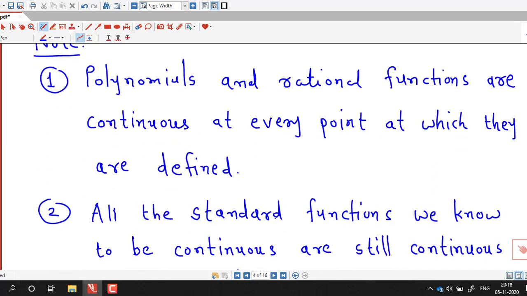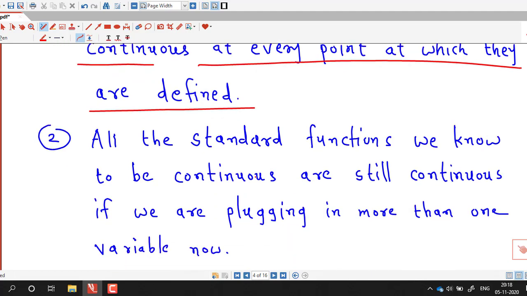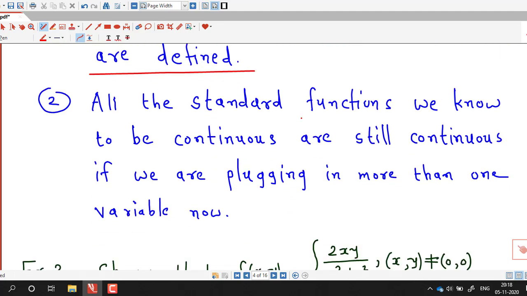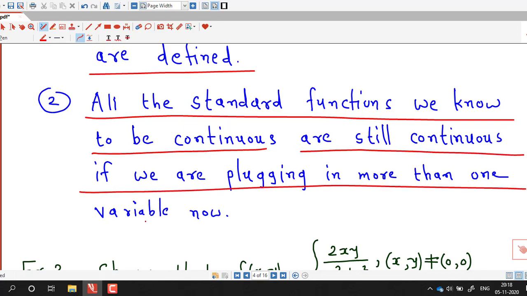So here we make this note: polynomial and rational functions are continuous at every point at which they are defined. Similarly, all the standard functions we know, that is the standard functions for functions of one variable, are still continuous if we are plugging in more than one variable.